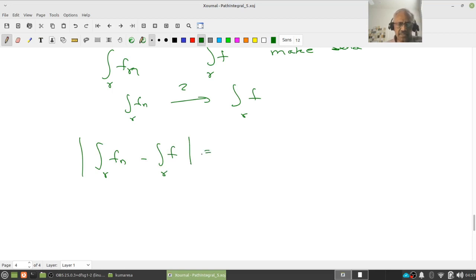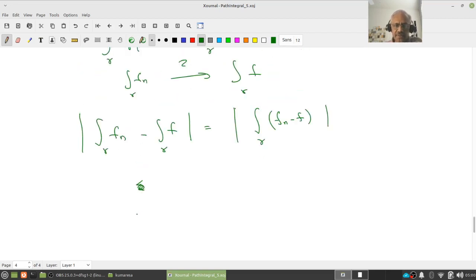The first thing I know is that the path integral is complex linear. In particular, it's additive. Therefore, this is the same as the modulus of the integral of f_n minus f over gamma. If you want, you can write dz, but I am not writing it. But what do we know about this?